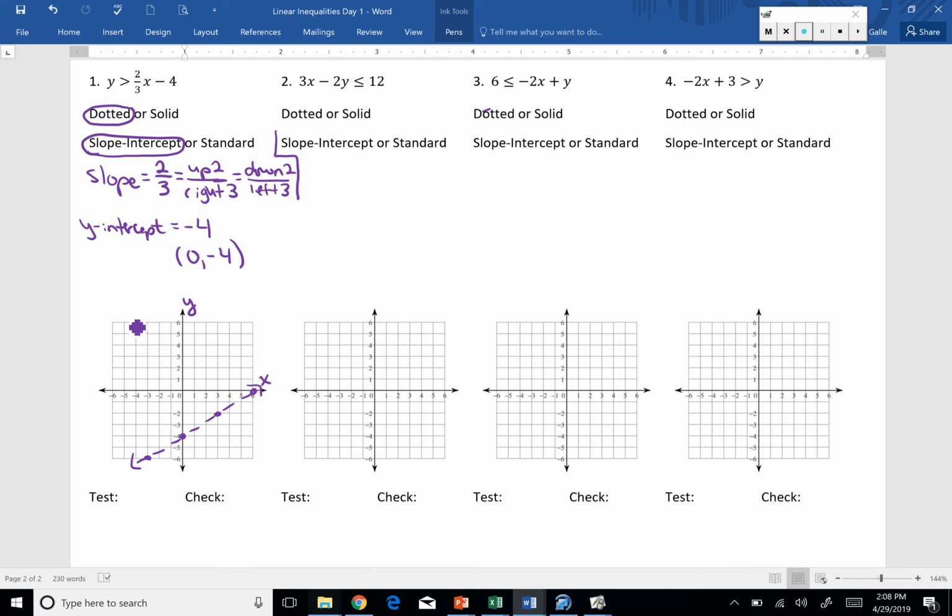What do you guys think might be the easiest ordered pair in the whole wide world to test? (0, 0). Yeah. Here's where (0, 0) is. I'm just going to highlight it right there. Here's why (0, 0) is easy. First of all, can I goof up where it's at on the graph? No, it's right in the middle.